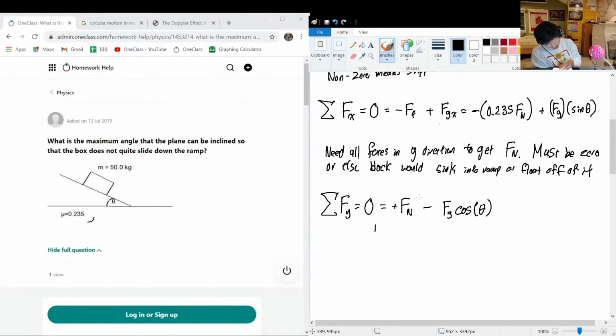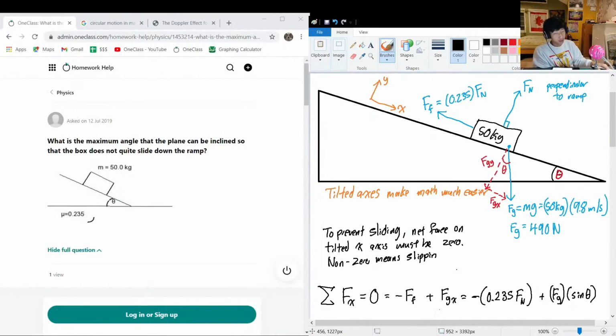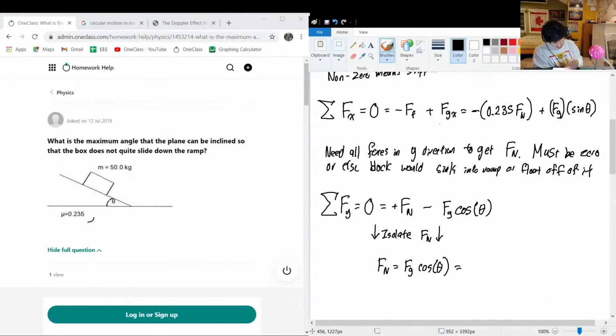So if we isolate Fn, Fn is equal to Fg cos theta, and Fg we know is 490 newtons, right? So 490 newtons multiplied by cos angle.